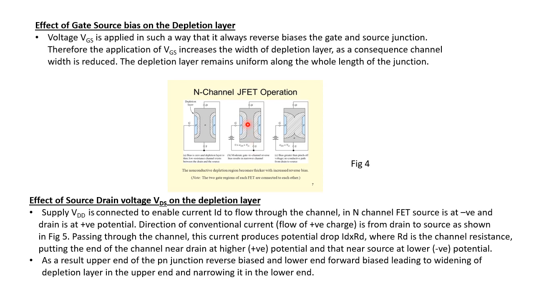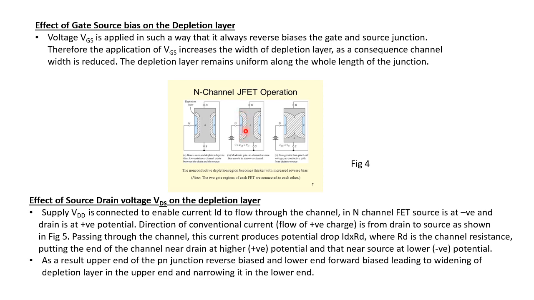And we know that a depletion layer is formed, as we have discussed earlier. A depletion layer is formed along the junction line of this PN junction. A PN junction is formed between the gate region and the channel. Therefore, a depletion layer is formed like this.